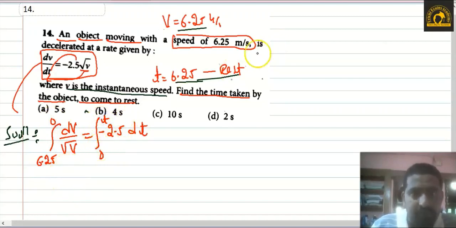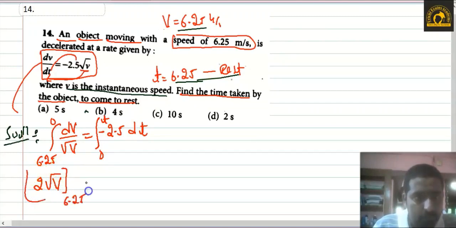The integration of dv by square root of v has the value 2 square root of v with limits 6.25 to 0, which is equal to minus 2.5 integration of dt, that is t.